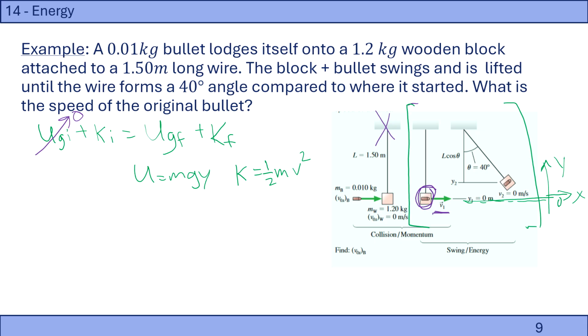Now, what about the final of this whole system? Well, you see the little block plus bullet has swung this way. It has gained a little bit of height, and we can figure out what that is. It's not as easy, but we can figure it out. And we have lost all of our kinetic energy.